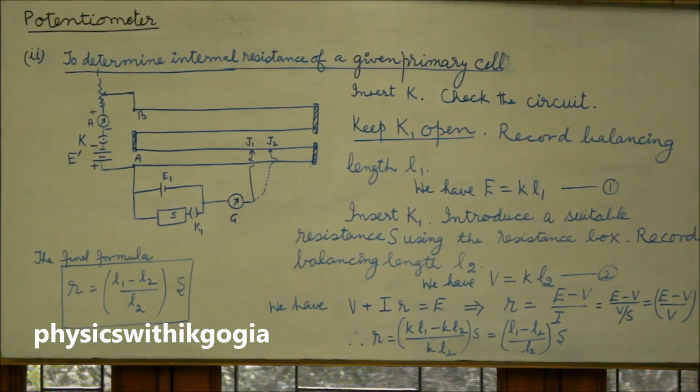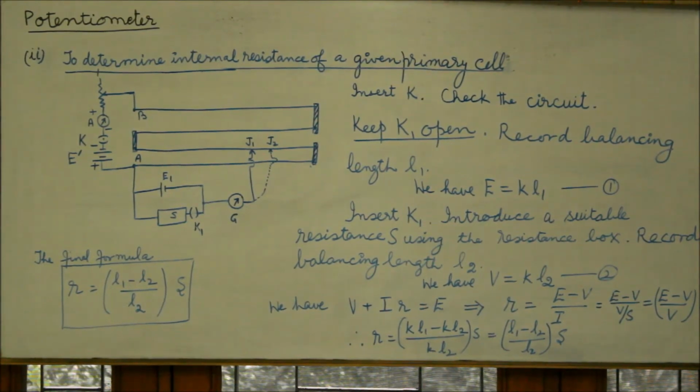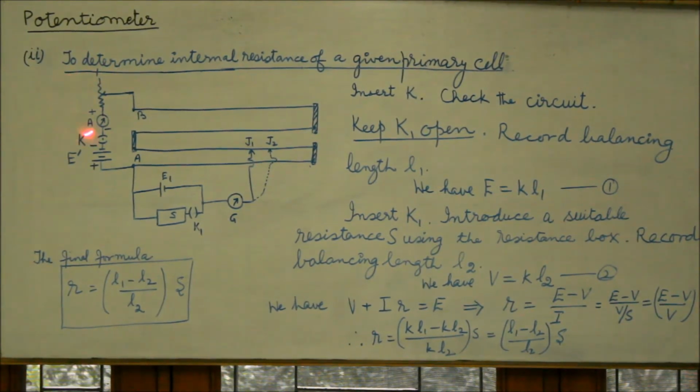Now remember, there are a few important points which you have to keep in mind in the potentiometer. Supposing this resistance is increased, the current in the circuit will decrease.